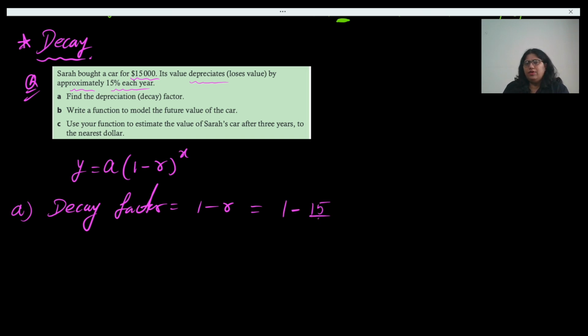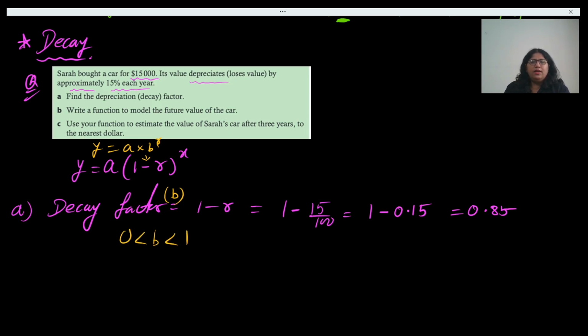So it's 15 by 100, which is 1 minus 0.15, giving 0.85. This decay factor is the value of b. So a times b to the power x, where b is 1 minus r, the decay factor. Again, you will see it is less than 1 and greater than 0.